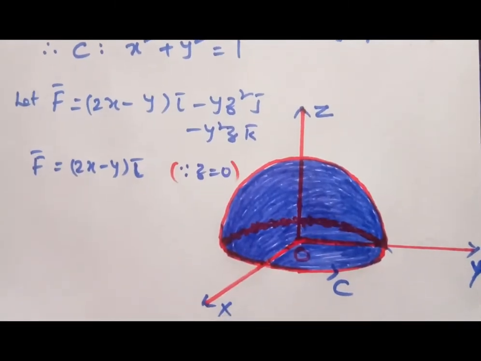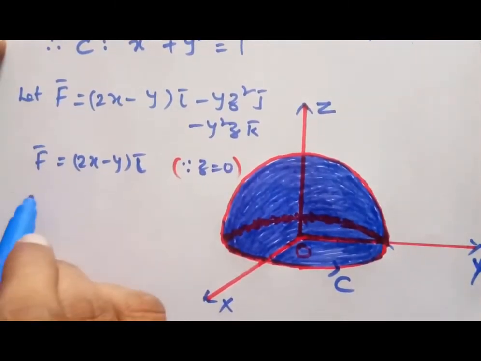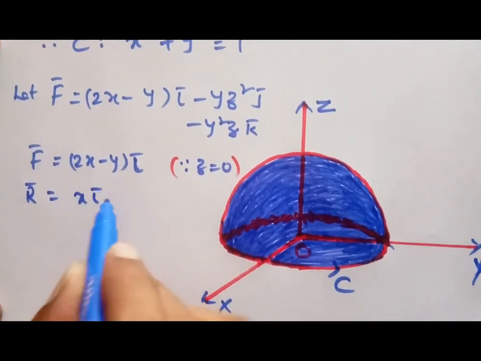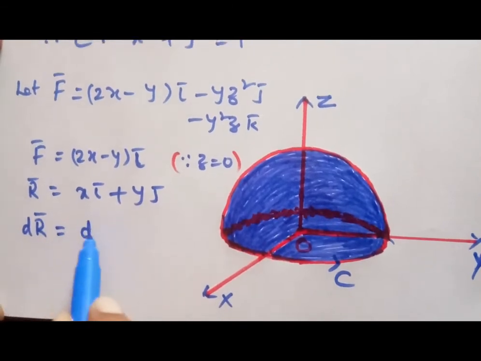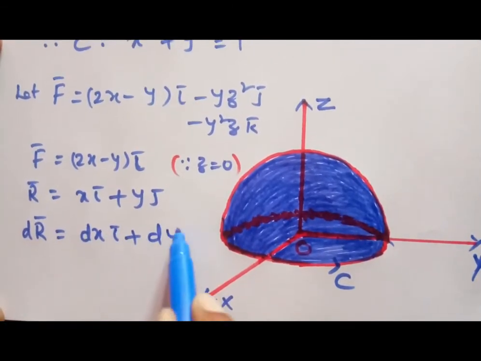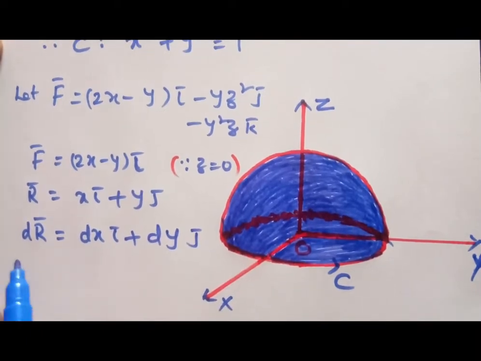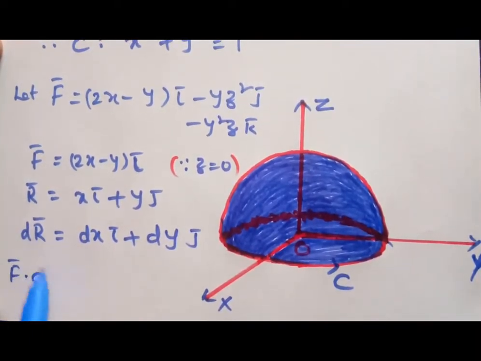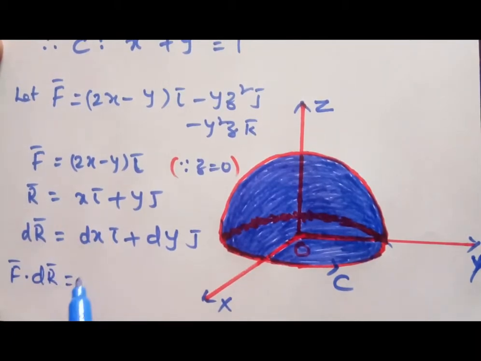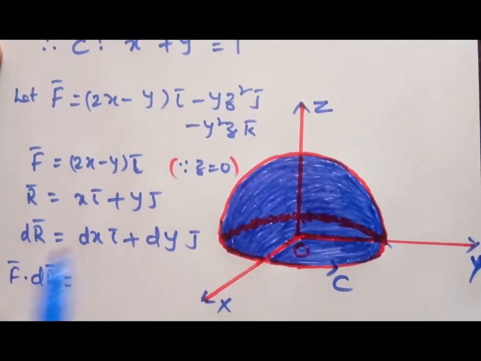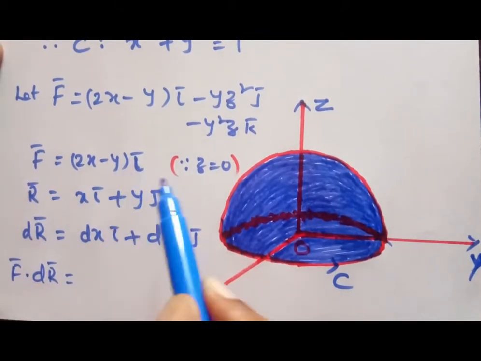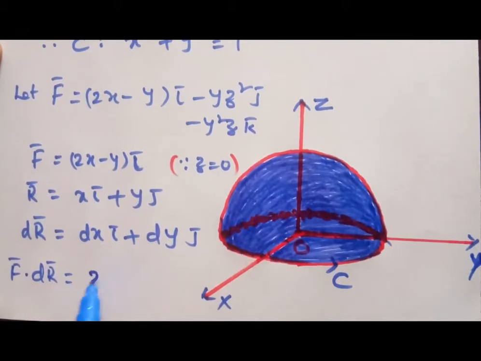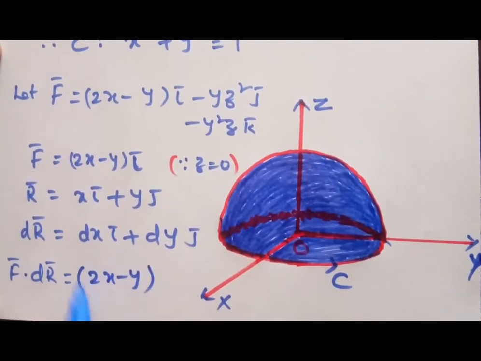And now r bar is also x i bar plus y j bar, the position vector, since z equal to 0. Therefore dr bar is equal to, differentiating on both sides, dx i bar plus dy j bar. Therefore F bar dot dr bar, since i bar dot i bar equal to 1 and j bar dot j bar equal to 1, and in F bar there is only a component of i bar and no component of j bar, this becomes (2x minus y) into dx, as i bar dot j bar equal to 0.